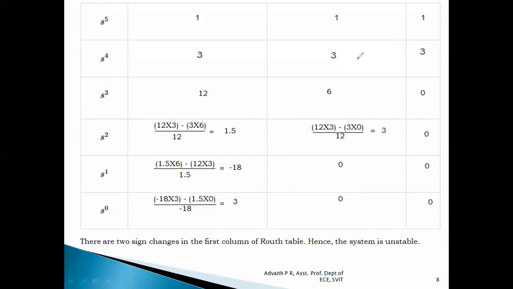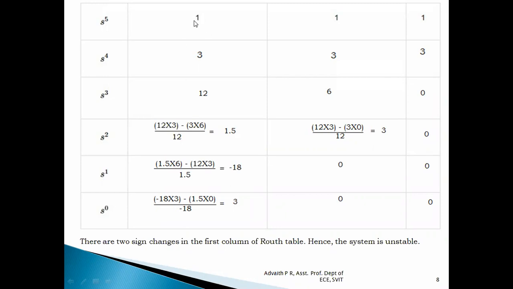Now, whenever we are predicting the stability, we always consider the first column of the Routh array. If in the first column of the Routh array there is no sign change, then we call it a stable system. If there is at least one sign change in the first column, then we call the system unstable.